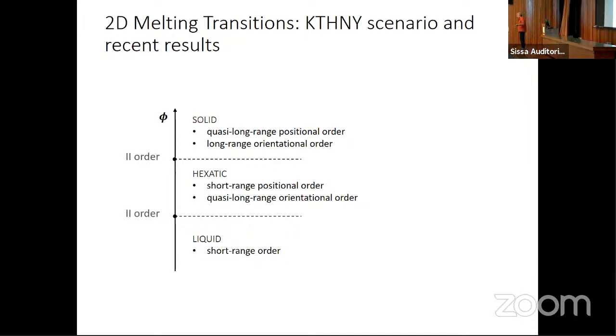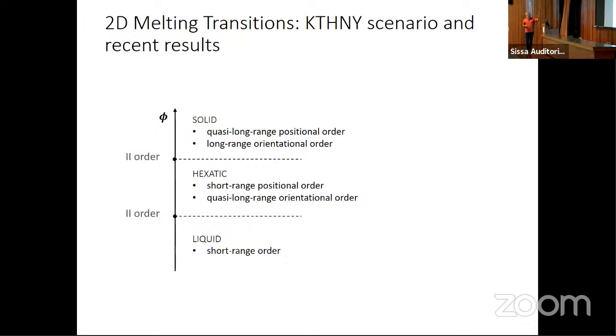To lose completely the positional order means that if you calculate correlation functions related to the position of particles, they decay exponentially. While long range means to have power law, quasi-long range means to have power law correlation functions for the proper order parameter that you are going to consider. And then, if you decrease a bit more the density, you go into a disordered system.